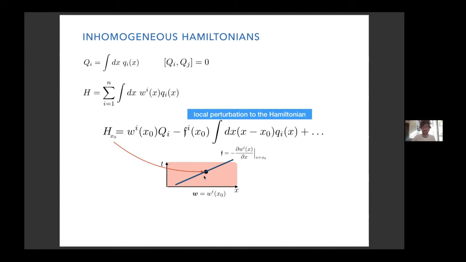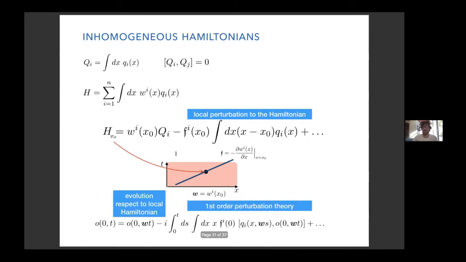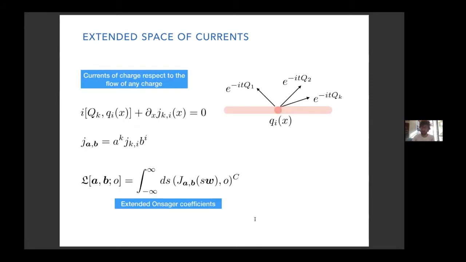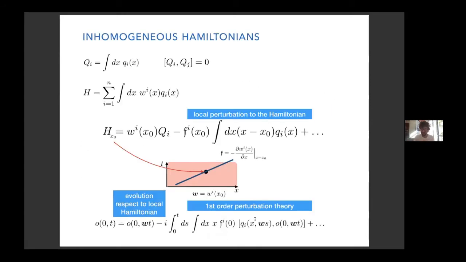The force is the linear slope of these external fields at each fluid cell. This correction can be taken into account by doing perturbation theory, namely the evolution of any operator locally in each fluid cell is given by the evolution under this global Hamiltonian at each position x, plus a term that is proportional to the force, the linear slope. And we can run all the same machinery that we ran for the diffusion.